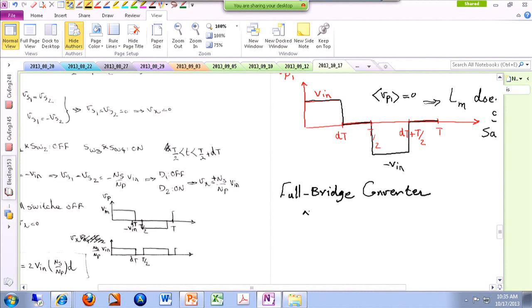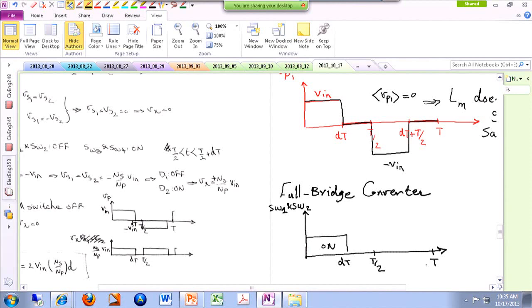Switches 1, 2, 3, and 4. We turn 1 and 2 on identically, switch 1 and switch 2. Kind of like what we did for switch number 1 in the push-pull converter.